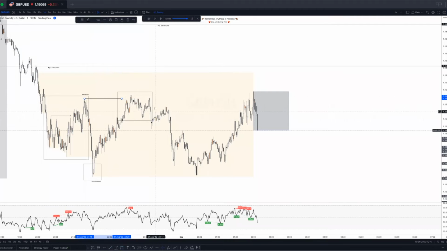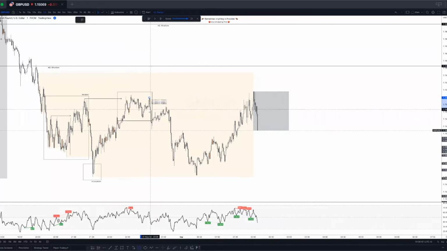So it's a type 2 distro, but you can see buying climax, AR, test, a minor sign of weakness. Test again. Not even an upthrust because it didn't break that. Definitely no UTAD, but broke out the range. Came back, it tested 50% and dropped. All right.